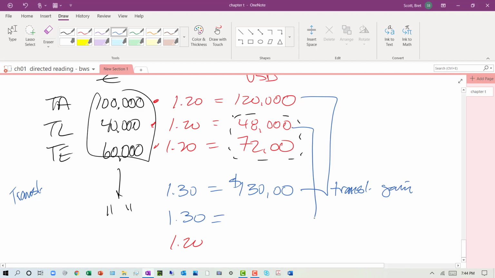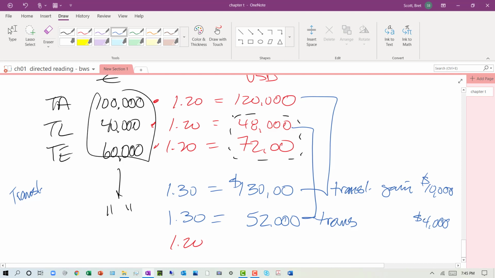But here's the problem. What about the 48? Well, now that has been changed from 48 to 52. So this went up by 4. The debt also went up in this case. There's a translation change of 4.